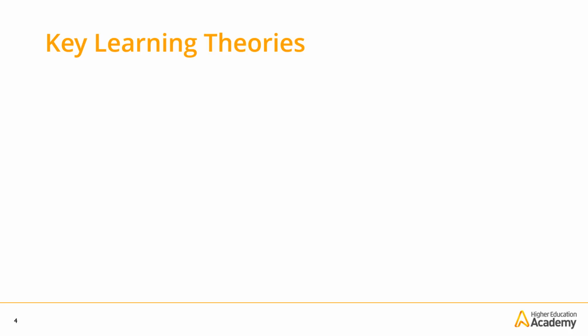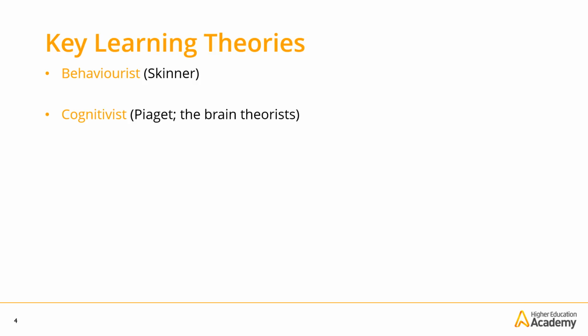Whilst we will not go back as far as Aristotle or Confucius, we will start with Pavlov's behaviourist theories, developed at the turn of the 20th century. Theories which were then revised by Piaget, who recognised that human superior intelligence meant that they approached learning in a different way to most other animals.